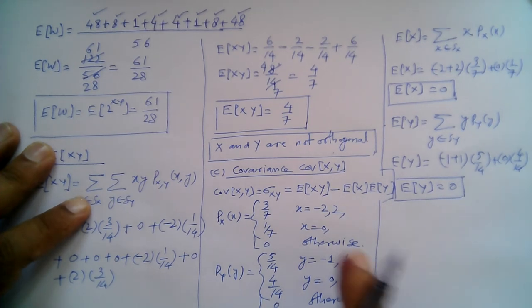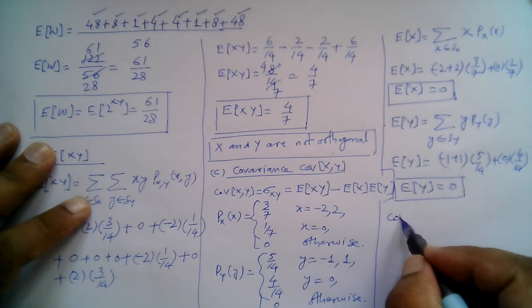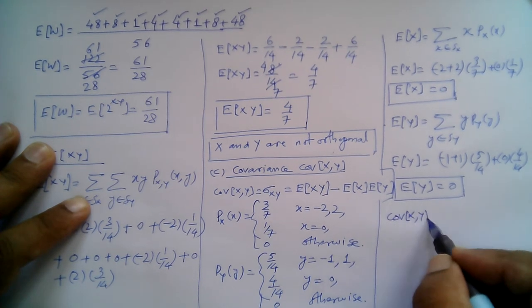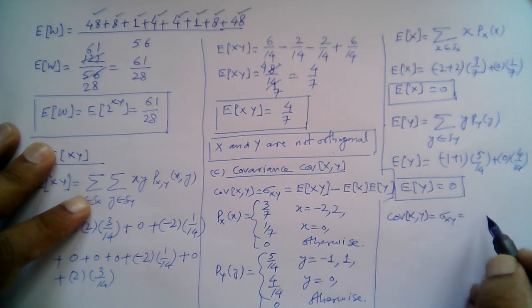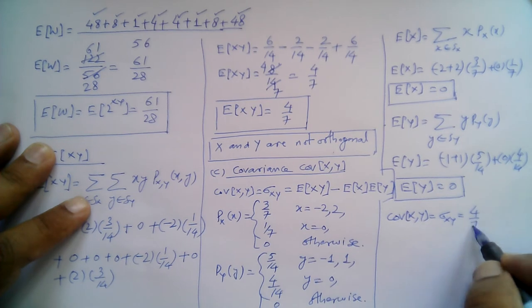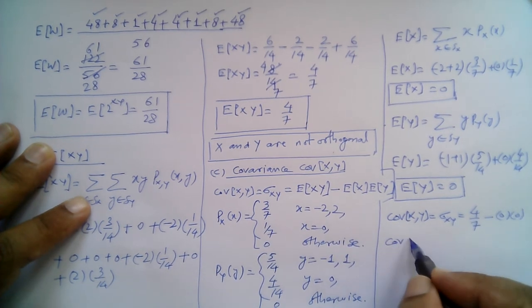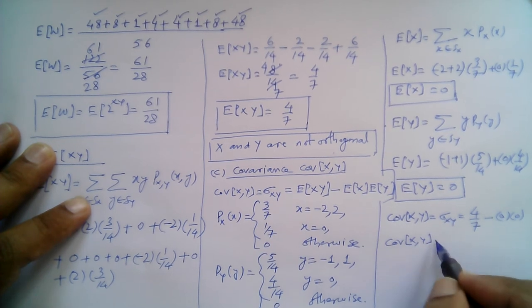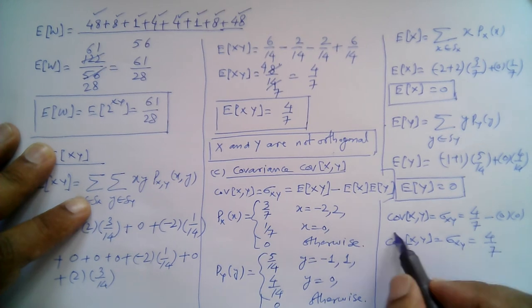So it is now easy to calculate the covariance of x and y. Covariance of x and y is given by expected value of xy, which was 4/7, so 4/7 minus 0 multiplied by 0. So covariance of x comma y is 4/7.